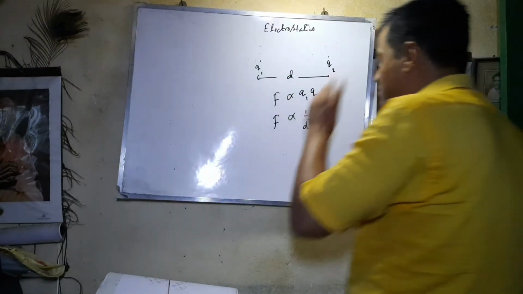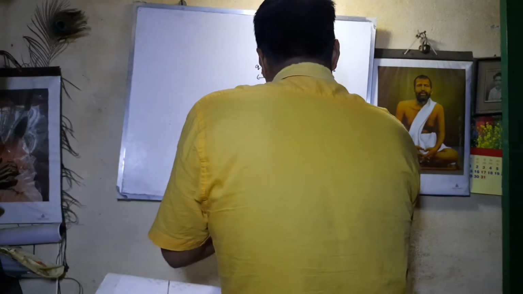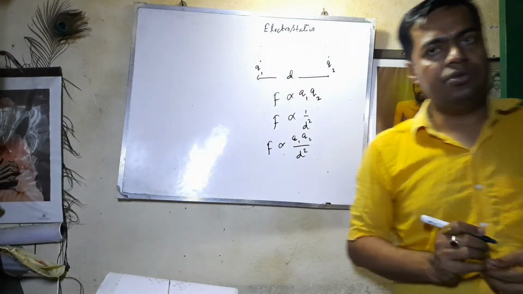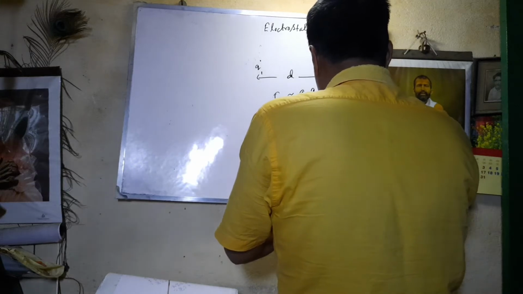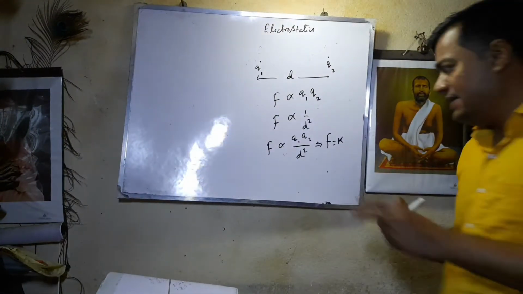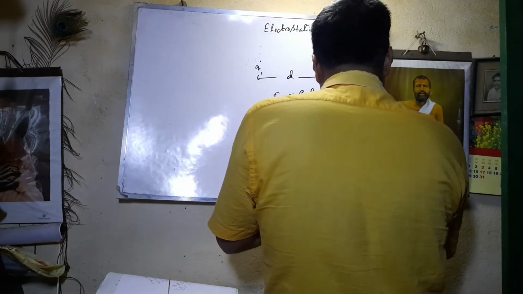Combining these two laws, F is proportional to Q1 Q2 by d square. So a constant of proportionality comes into play. I am representing this constant by K. So F equals K into Q1 Q2 by d square.